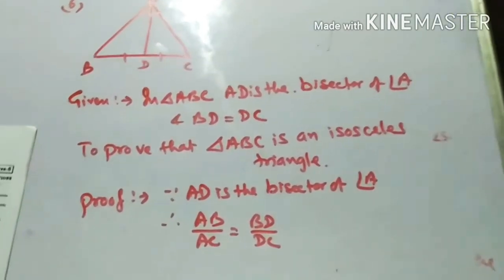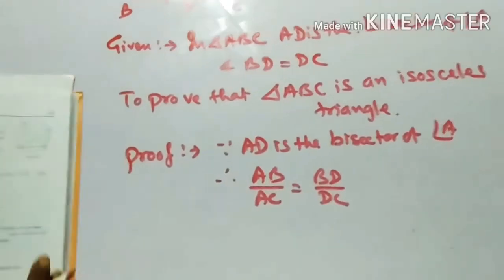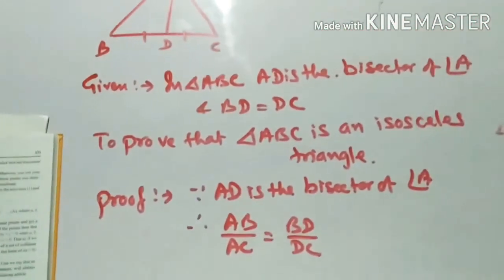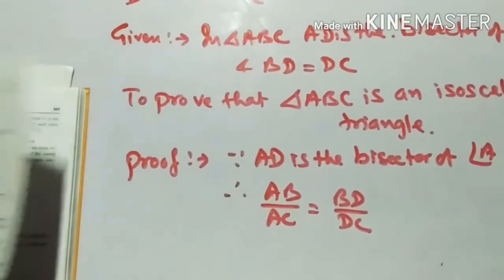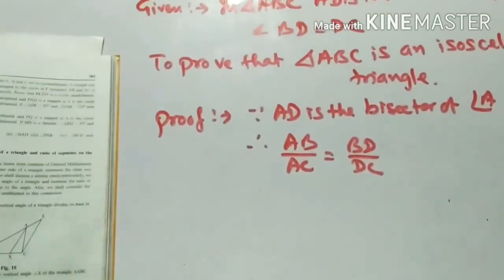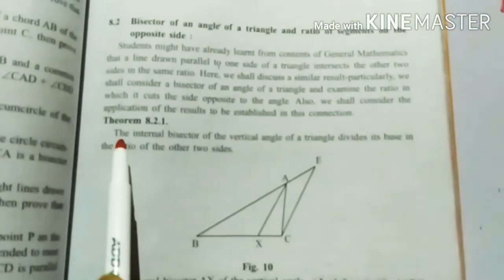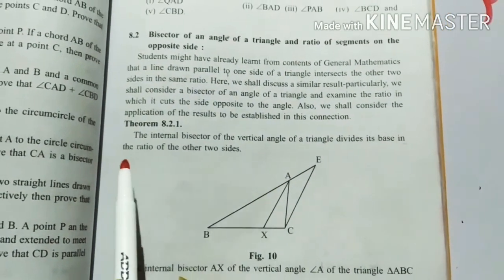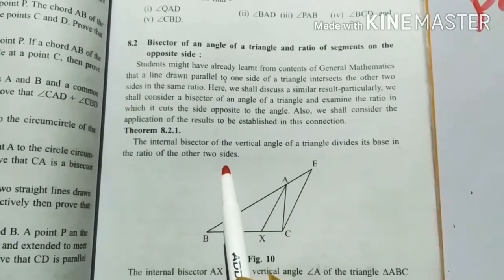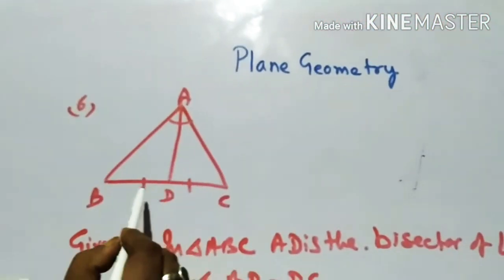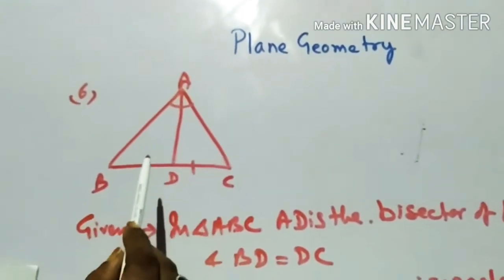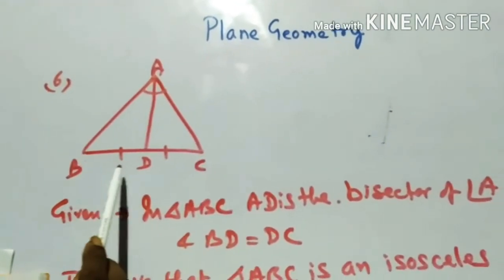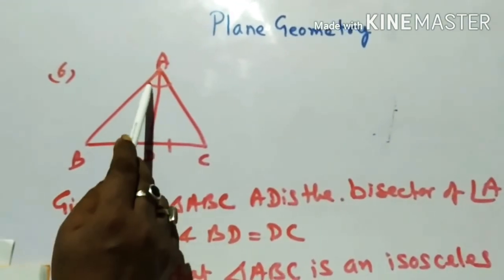This theorem is in your class 10 advanced math: the internal bisector of the vertical angle of a triangle divides its base in the ratio of the other two sides.